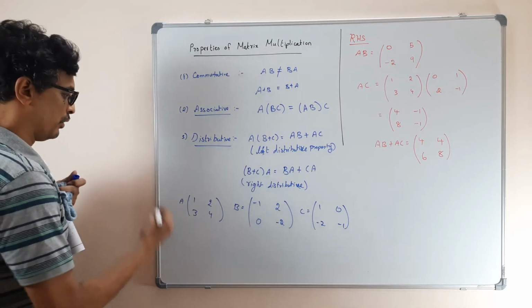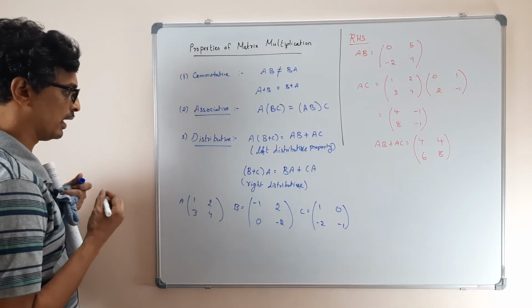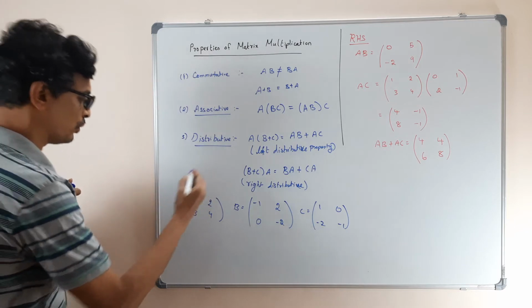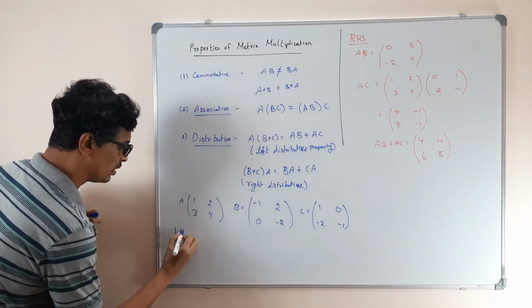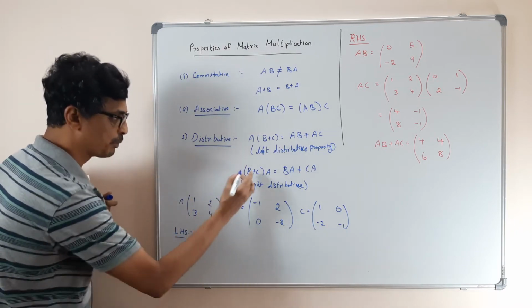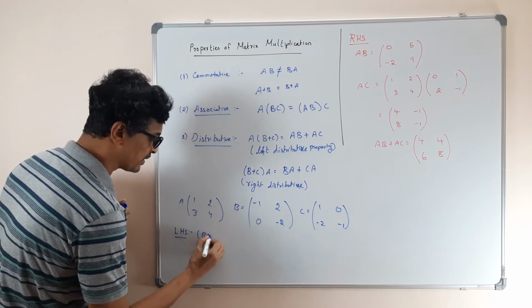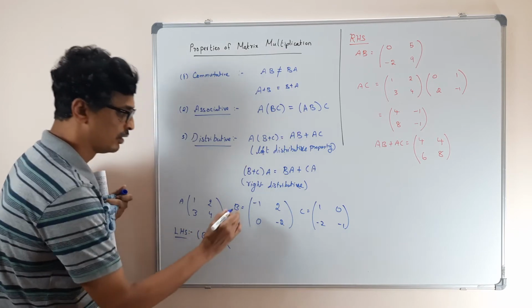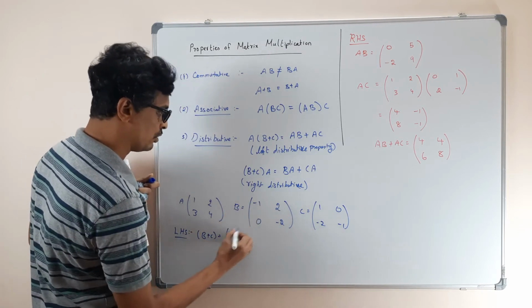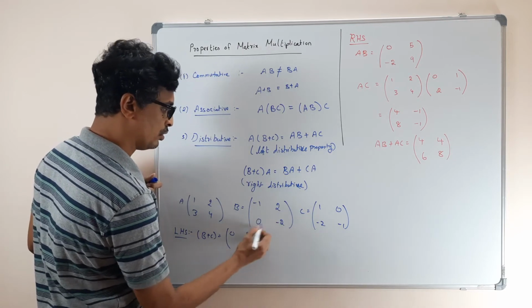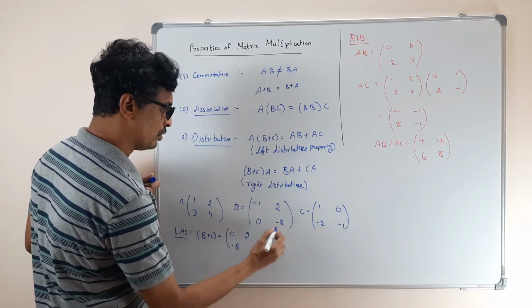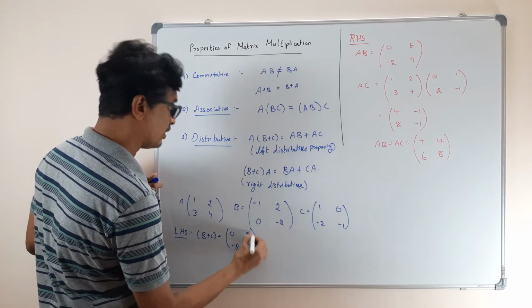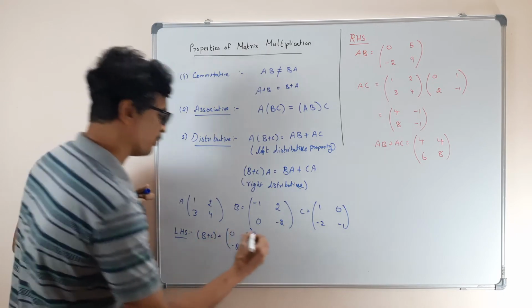Okay, now you prove for LHS. LHS is what? First you have to write B plus C, correct? What is B plus C? Tell me. B plus C is 0, 2, minus 2, minus 3. And we have to write A into B plus C, right?